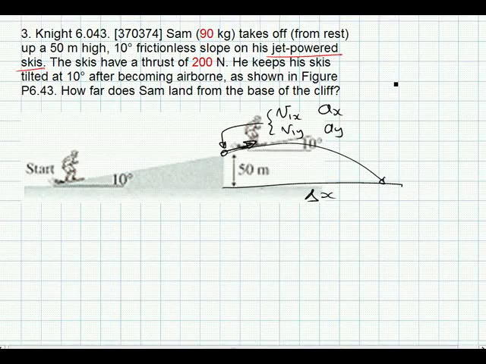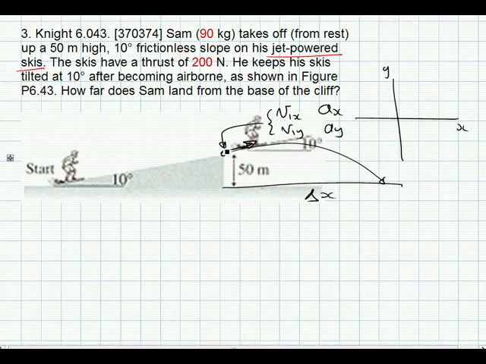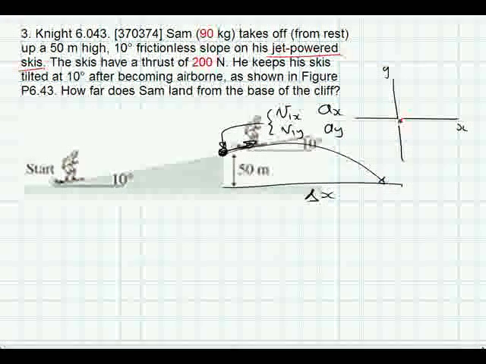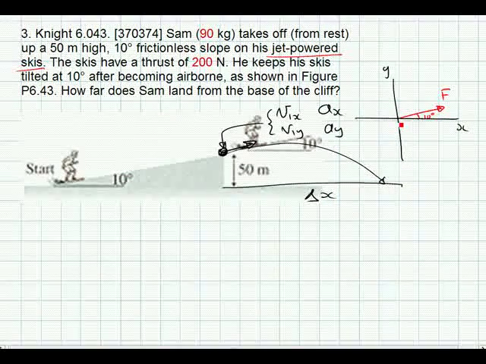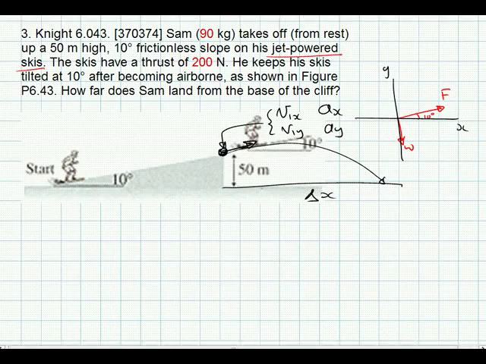So if I were to do a free body diagram on Sam at this point, at the edge of the cliff, there is a thrust force which is acting at 10 degrees. This is the 10 degrees, and there's this weight acting like that.